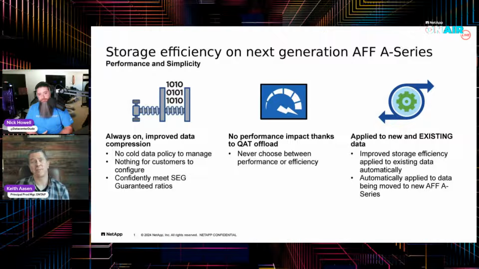So, for example, we had a data set that was an Oracle database data set. I think we were getting a 2.7 to 1 ratio before, on an existing previous system, and then after we'd applied the 9.15.1 code and moved the data onto a new A series, it was almost an 8 to 1 ratio on the same data, at rest.